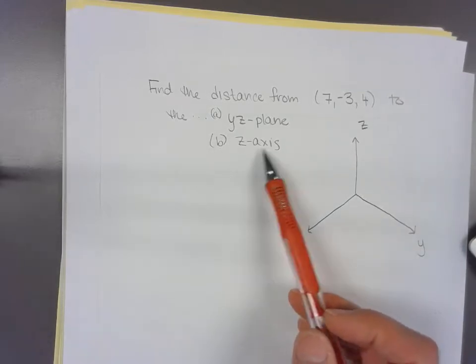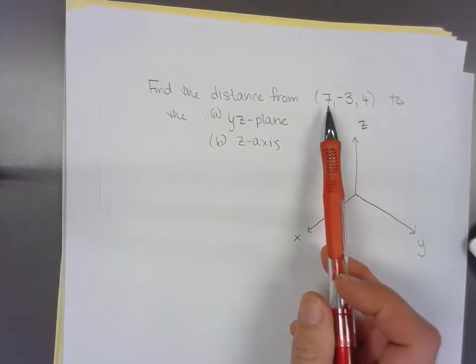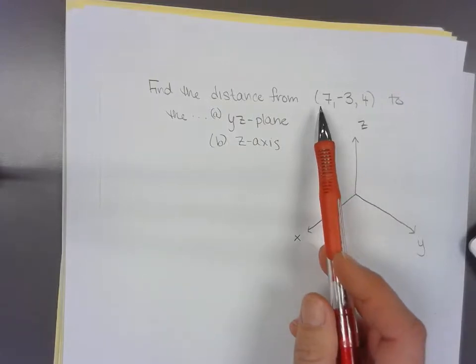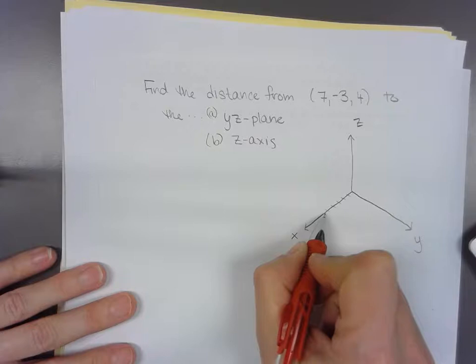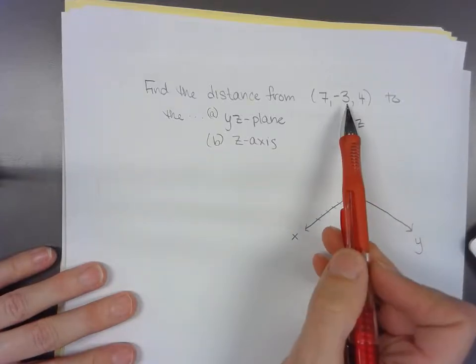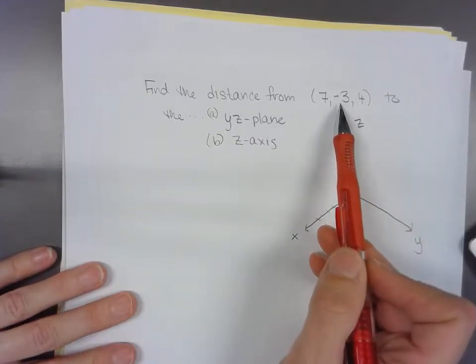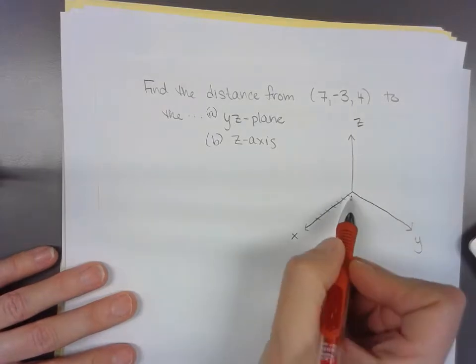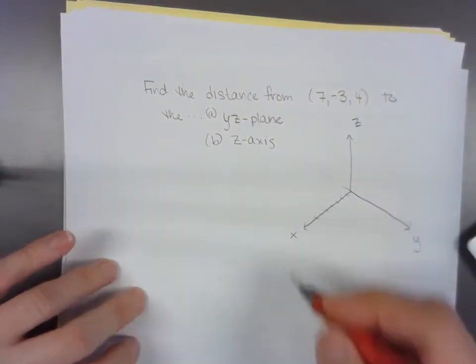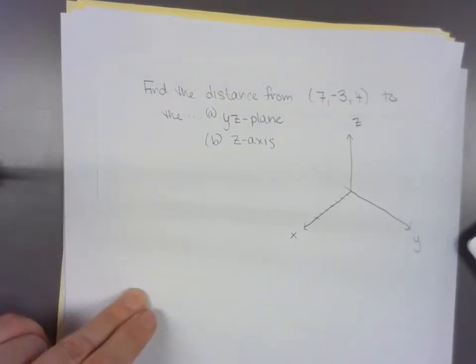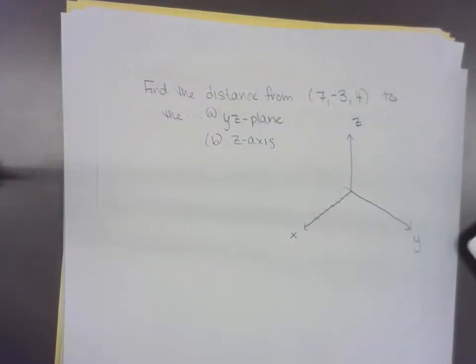So the point is (7, -3, 4), which means we should come forward 7. Then -3, so that means we should go left 3. Let me get my straight edge here.